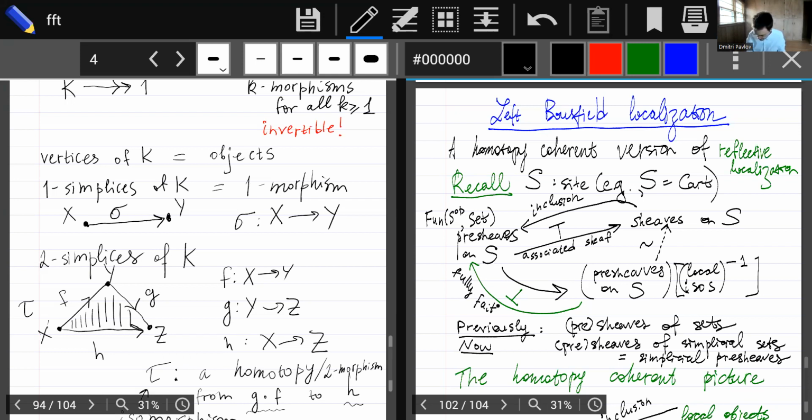It's fully faithful because it's a composition of an equivalence of categories and an inclusion of a full subcategory. Such a situation, when the localization functor has a fully faithful right adjoint, is known as a reflective localization.